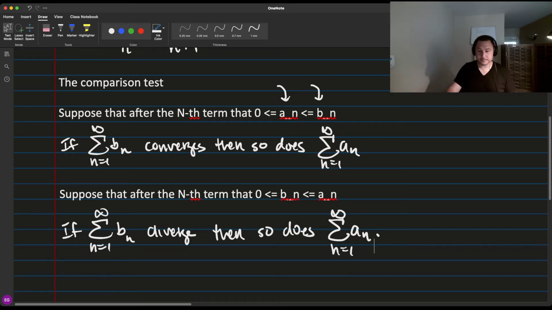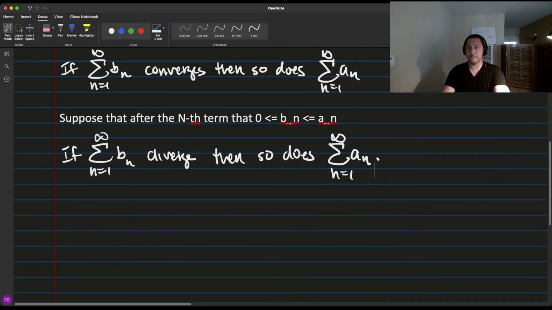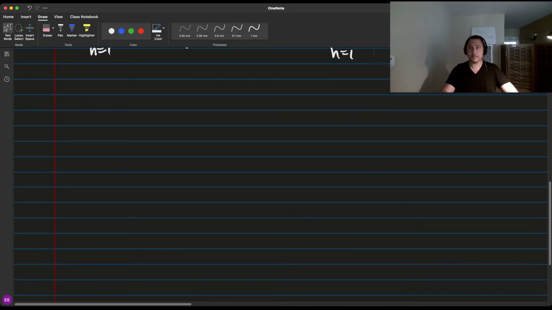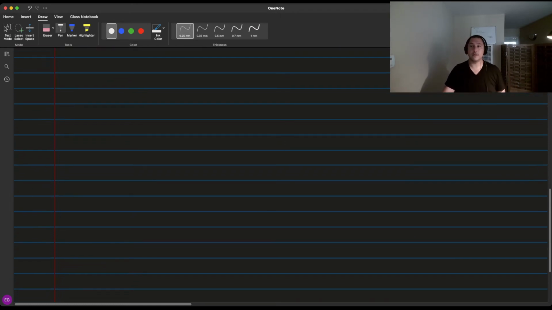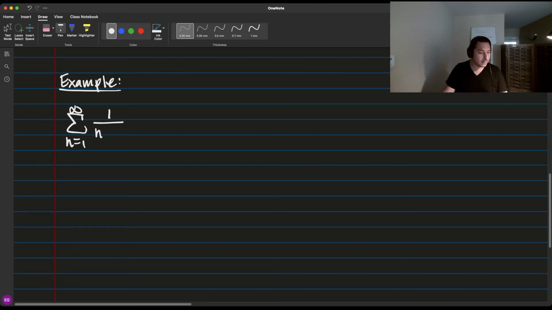So let's do an example. Let's determine if the series converges or diverges. Let's look at sigma n equals 1 to infinity of 1 over n cubed plus 3n plus 1. Usually what you're going to try to do is compare it to something that you know converges or diverges. Looking at this, you can see the highest power term is a cubic.